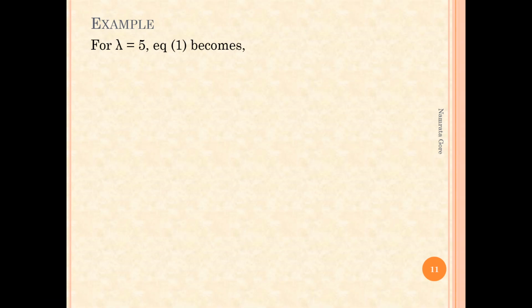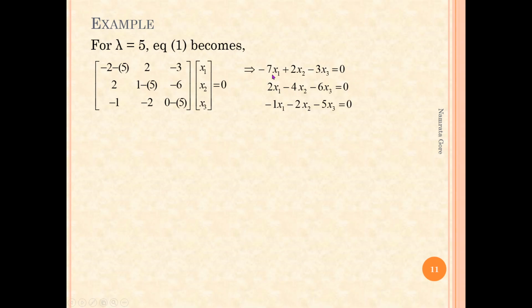Next we find the eigenvector for lambda equal to 5. Substituting in equation 1, I get this particular relation, and from this I get these 3 equations. Up till now we have solved equations out of which we used to get a single equation. But if you observe, these 3 equations are totally different from one another.